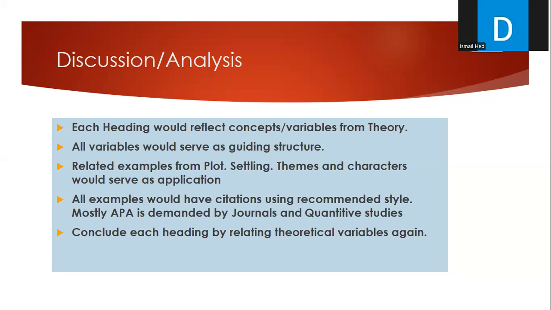All examples would have citations using a recommended style, such as APA, which is demanded nowadays by most of the research journals, recommended by the Higher Education Commission of Pakistan or Scopus or Web of Science or other established platforms.